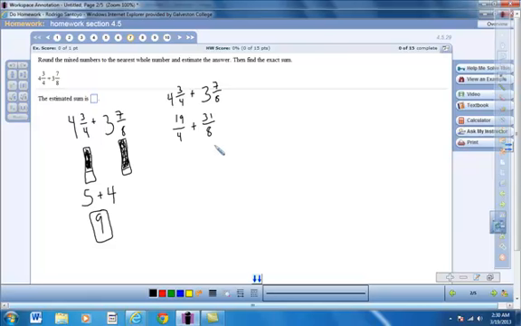Here recall we can't add these fractions until we have an LCD. Our LCD is going to be 8. Remember, we look at the denominators and find the multiples. 4 times 1, 4. 4 times 2, 8. 8 times 1, 8. We find our LCD to be 8. So if I multiply this first fraction by 2, you'll see that I'll get my denominator to be 8.